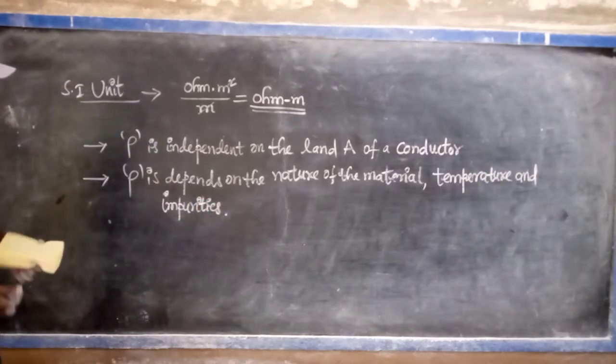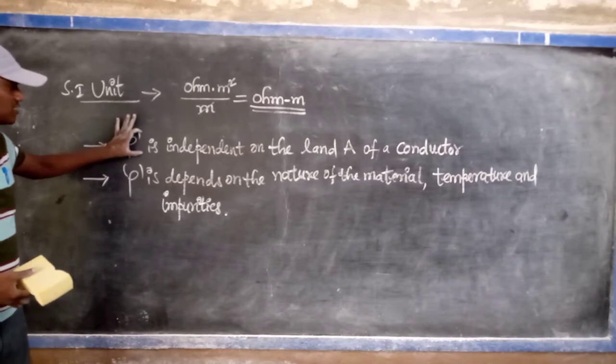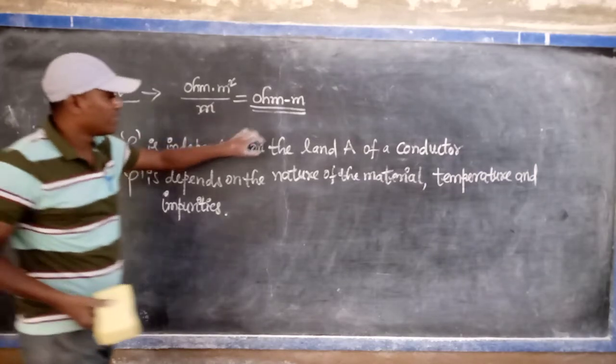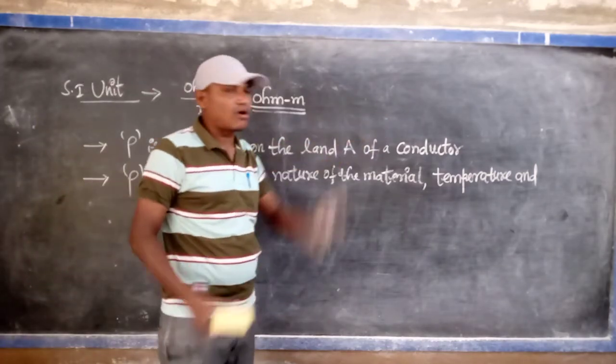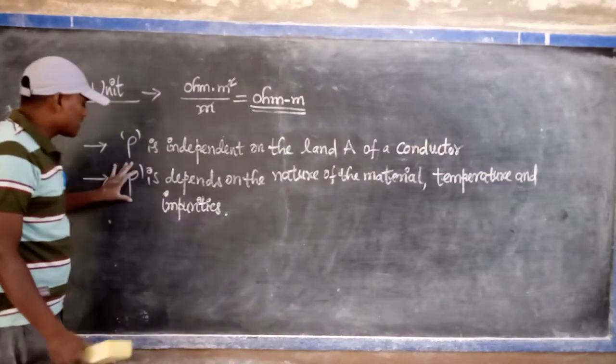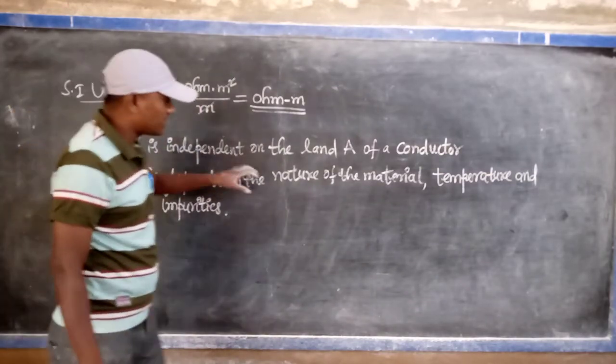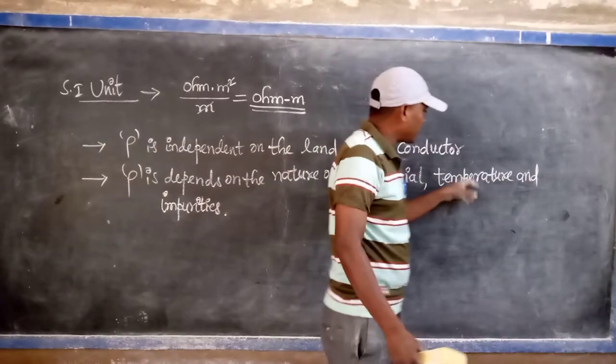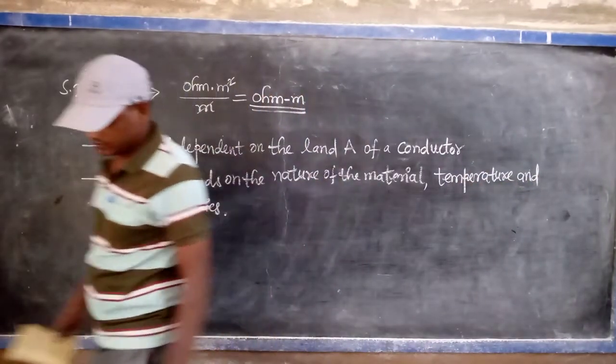So listen very carefully. Specific resistance or resistivity is not dependent on the length and area of the cross section of a conductor. But specific resistance is dependent on the nature of the material, temperature and impurities.